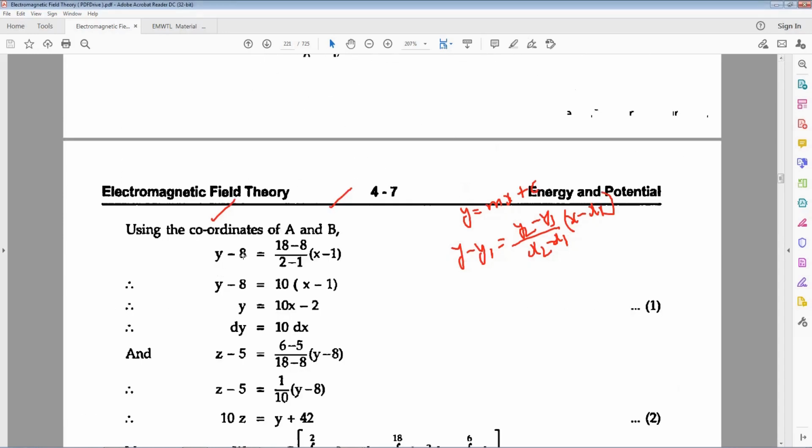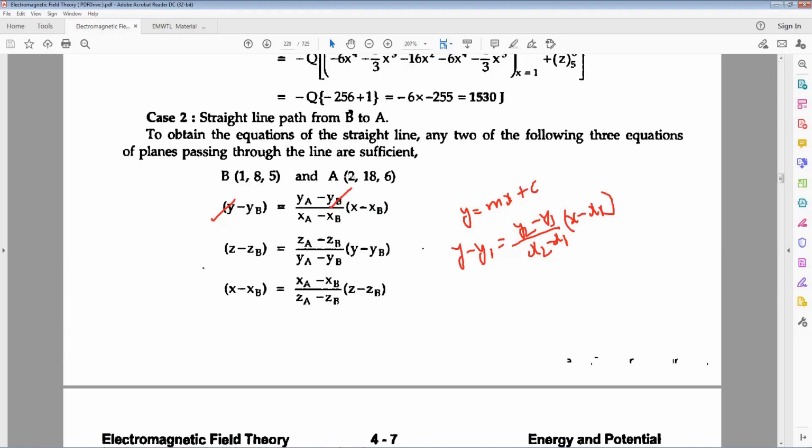Then y minus yb, b value here. See, the b term is 1. Let us take here, these values are x1 and y1, and it is z2. Now you can see that it is y minus y1.